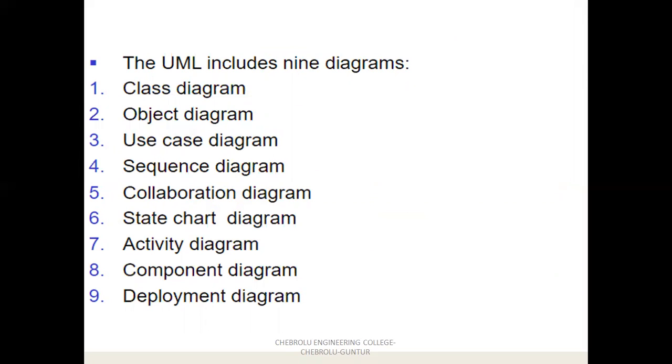The first one is class diagram, second object diagram, third use case diagram, fourth sequence diagram, fifth collaboration diagram, sixth state chart diagram, seventh activity diagram, eighth component diagram, ninth deployment diagram.